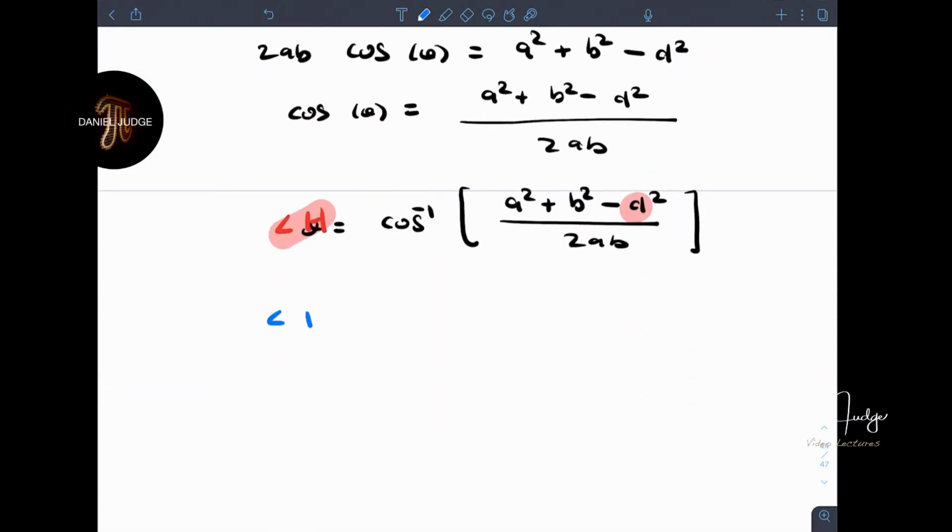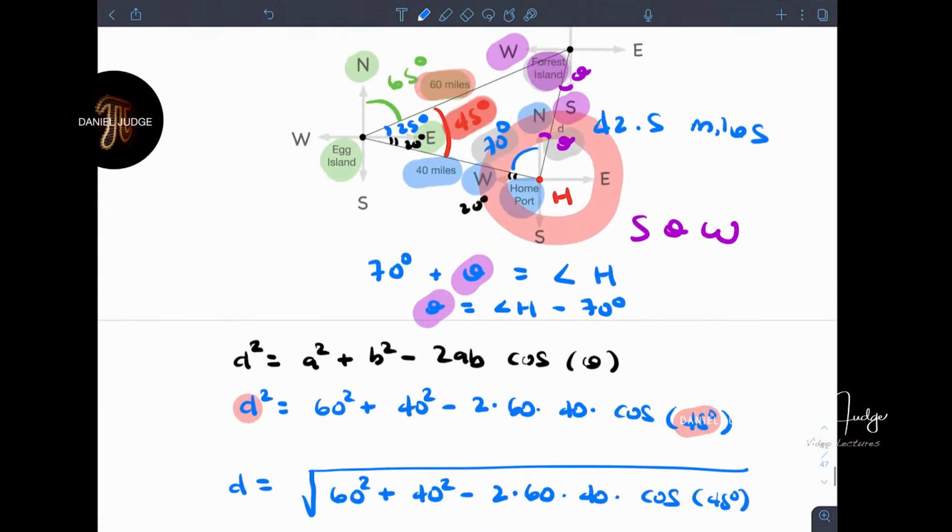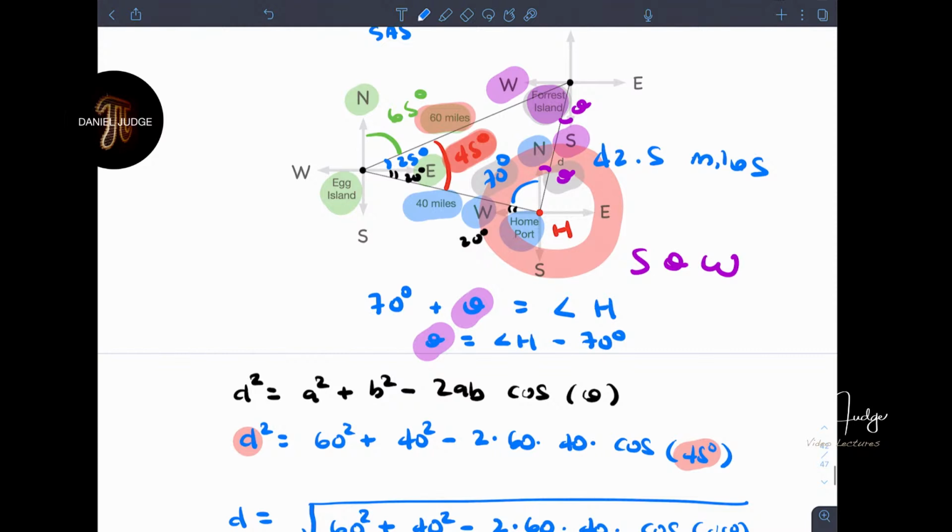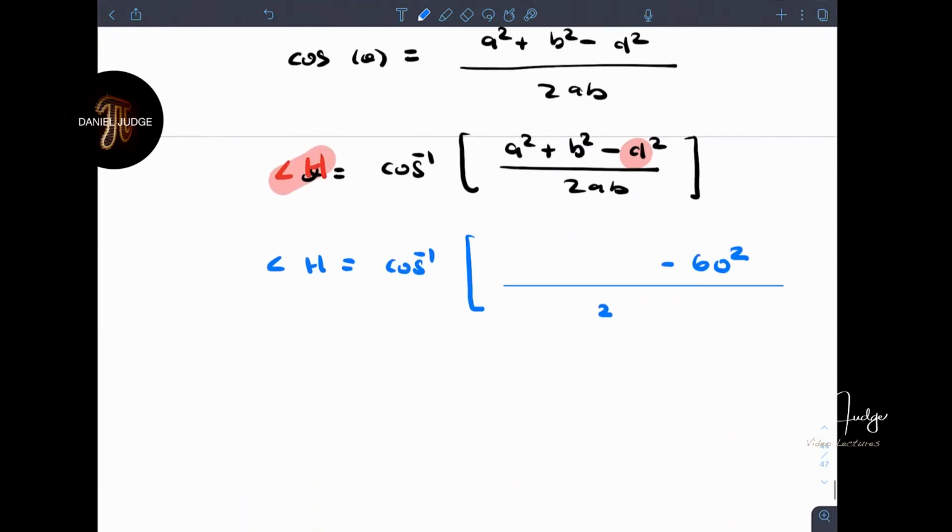So angle H is inverse cosine of 40 squared plus 42.5 squared minus 60 squared over 2AB. Now remember what A and B are: 40 and 42.5. Those are the legs. So 40 squared plus 42.5 squared minus 60 squared, over 2 times 40 times 42.5.